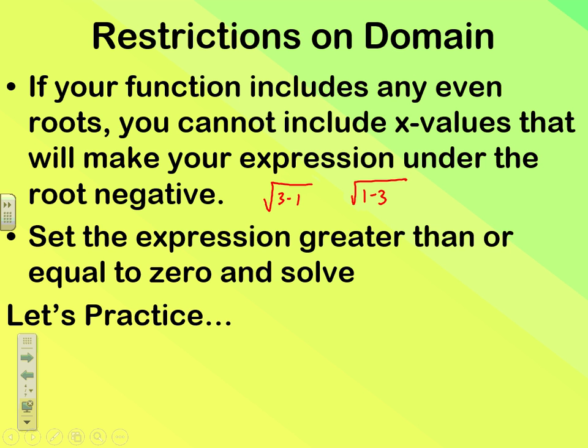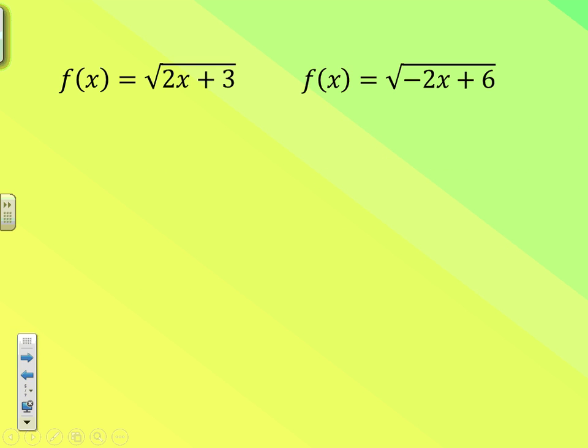So anything that will give you a negative number underneath the square root symbol can't be used. So because we can't use it, instead of setting it equal to 0 like we did for a rational equation, we're going to take whatever is underneath the radical, and set it greater than or equal to 0, and then solve it. So let's take a look at a couple of these.